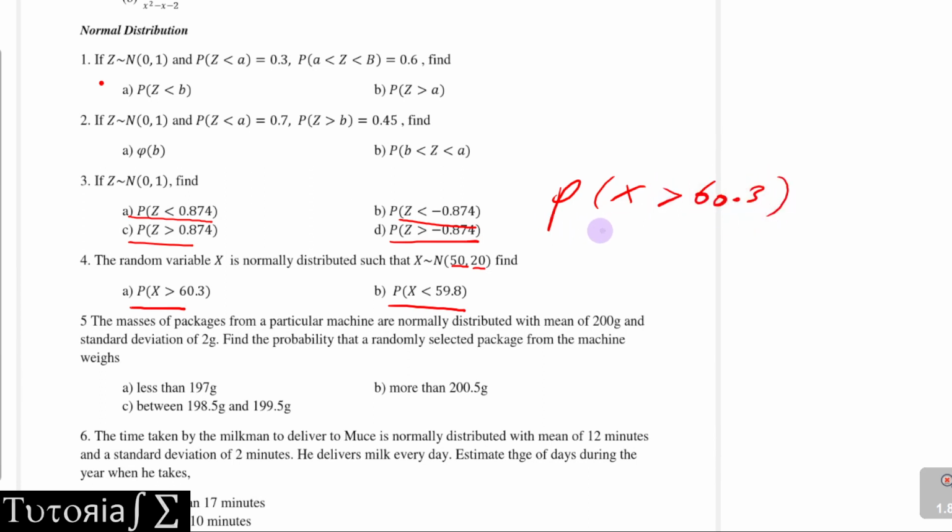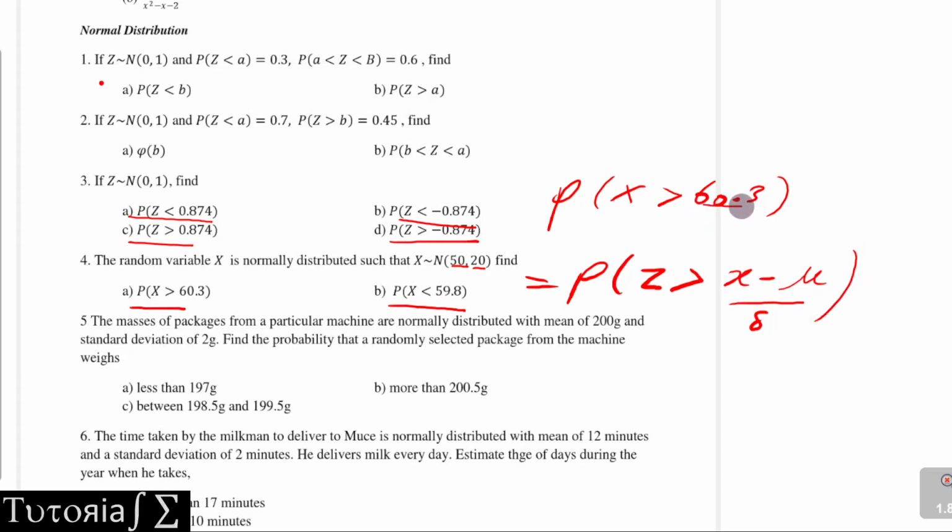To convert this to a Z-score, it will be probability of Z, and we maintain the sign, which is greater than, then we have our X minus the mean over the standard deviation. So this is the formula.